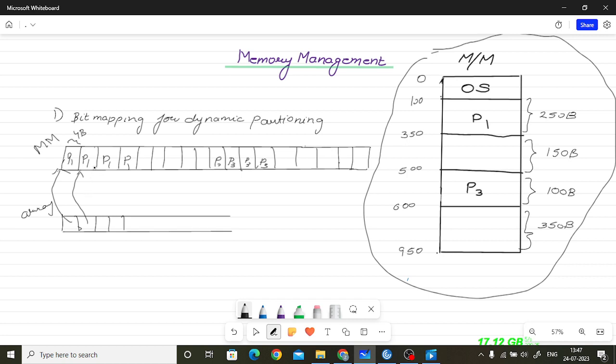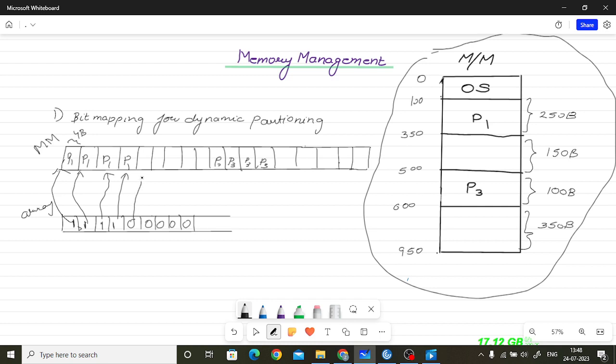If the corresponding allocation unit is acquired by some process, then we store 1 in it to represent that it is acquired. And if it is free, if it is a hole in the memory, we represent it by 0, 0, 0 and 0.